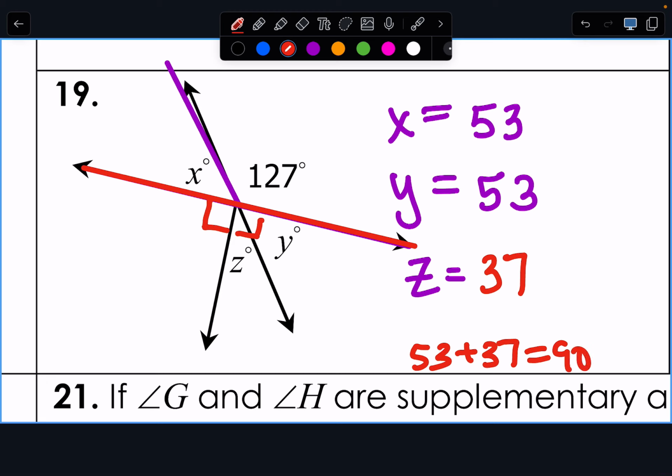Jace? Okay. What I'm not understanding is, how are you figuring out what numbers they are to equal 90? What do you mean? What numbers? Like, how do you figure out if it's 53 and 37? Okay, X is 53. You're good with that, right? Well, how did you get that?